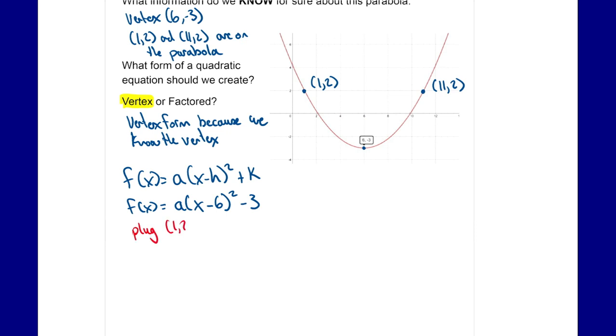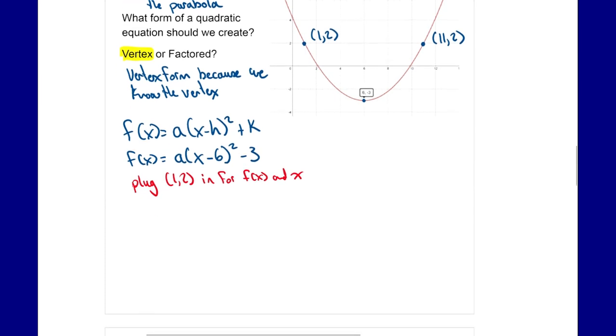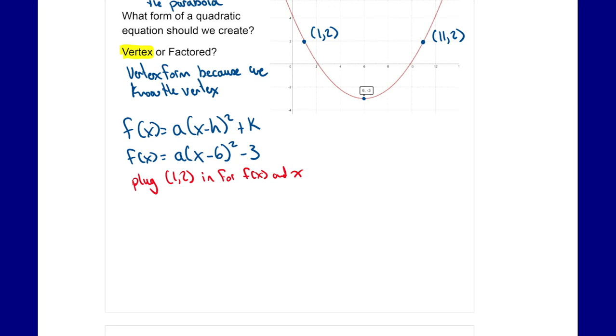We're going to say 1, 2, in for f(x) and x. Similar to what we did before, instead of f(x), we write the y value of that point, so 2.